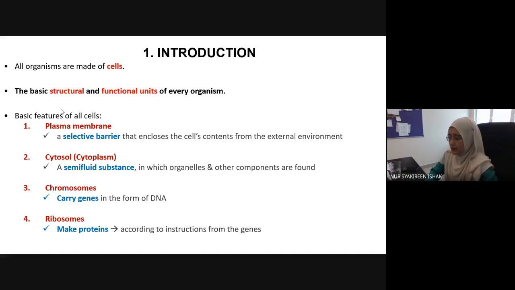These are the basic features of all cells. Regardless of whether it is a bacterial, animal or plant cell, all these cells must have a plasma membrane. What is the function of the plasma membrane? It functions as a selective barrier, to separate the components within the cell, which are the organelles, from the outside environment, which is the extracellular fluid.